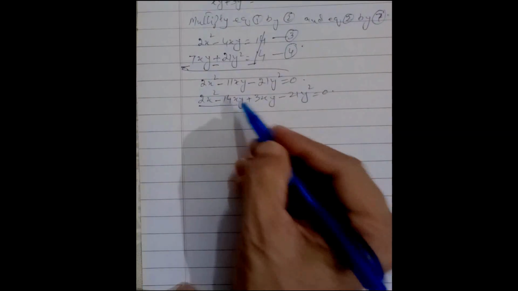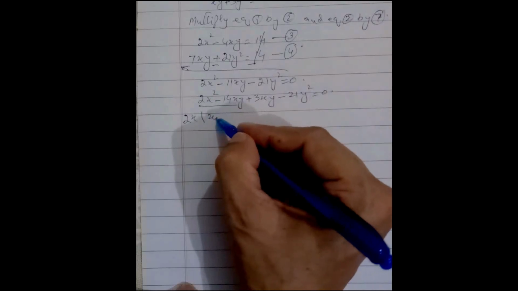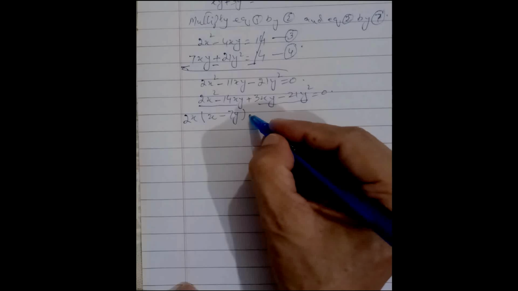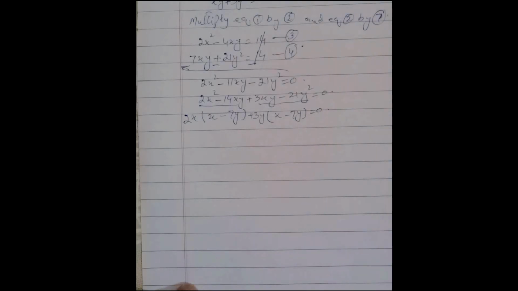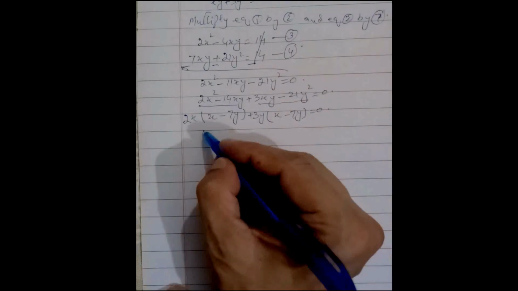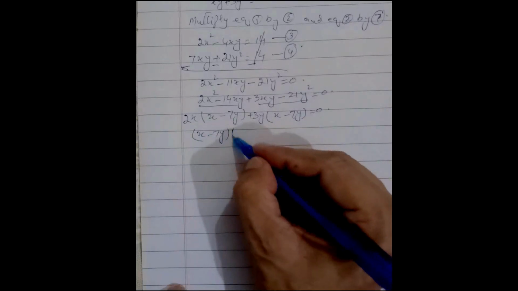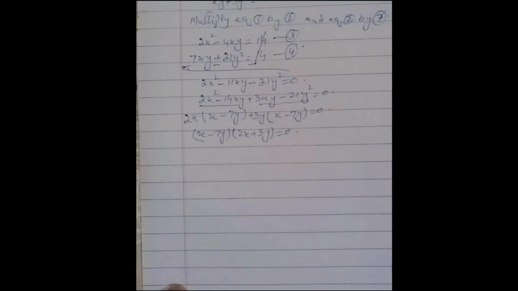We take common 2x, and we get remaining value x minus 7y, and take common plus 3y, we get x minus 7y is equal to 0. In this way we get the two factors of the equation, x minus 7y, 2x plus 3y is equal to 0.